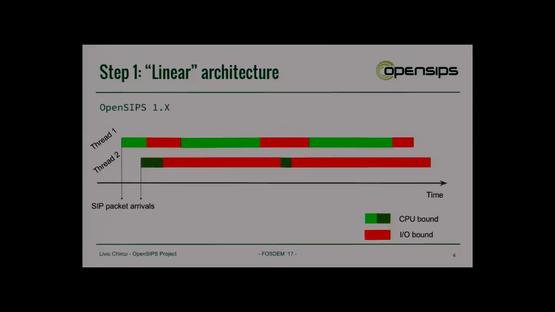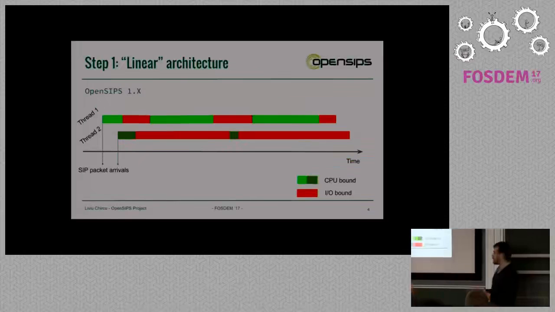I mean, not most, but people who are still using the 1.x series are using this kind of linear architecture, where the horizontal lines are basically SIP message processing that, depending on how it's scripted on various platforms and services, may either do more CPU intensive loads or more blocking type of loads with red.